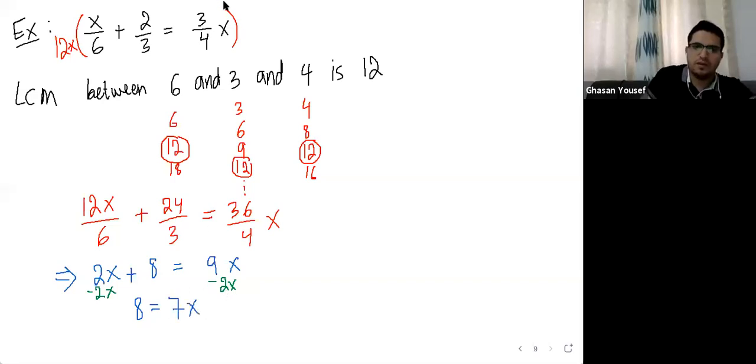Now dividing both sides by 7 to get the variable x. The final answer is x equals 8 over 7.